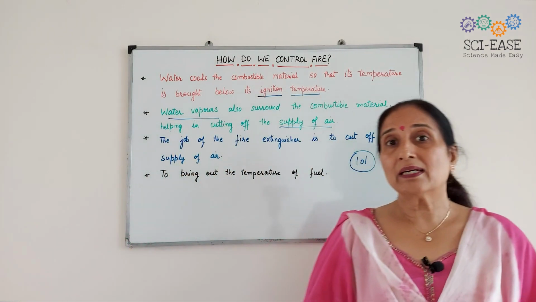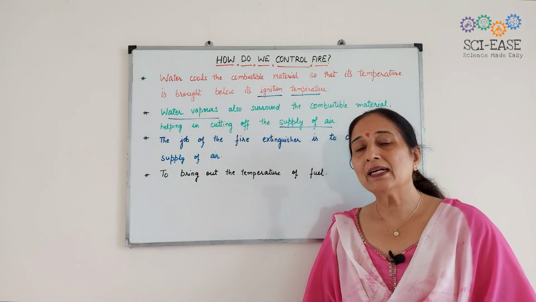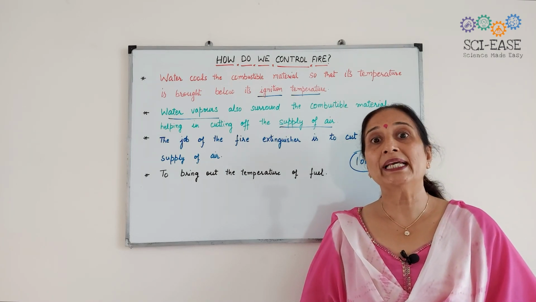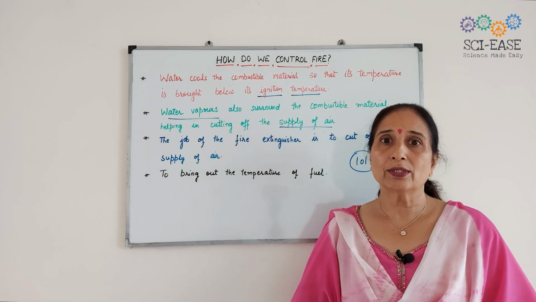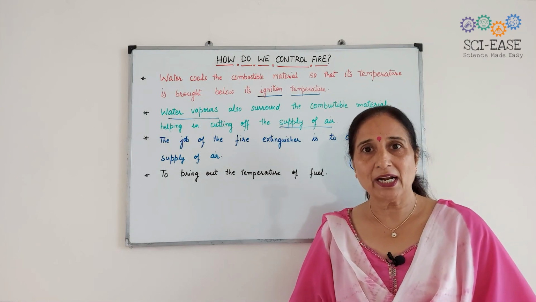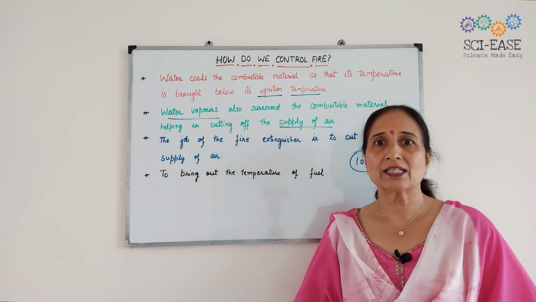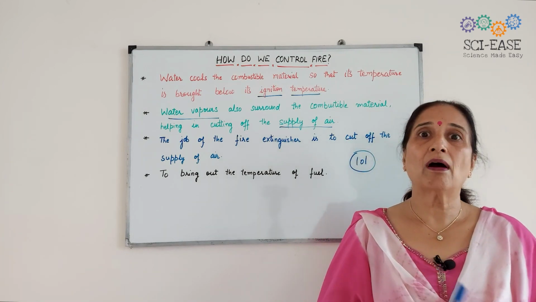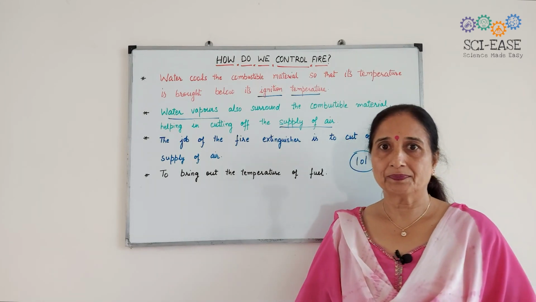Also, in the case when fire is due to oil, petrol, diesel, etc., there also we use carbon dioxide, or you can say fire extinguishers, to extinguish the fire. There also we can't use water.